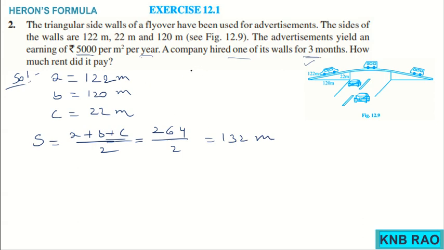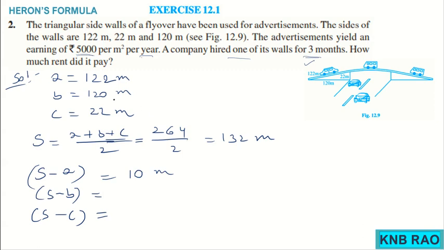Now, find the S minus A, S minus B and S minus C. 132 minus 122 gives 10 meter, 132 minus 120 gives 12 meter, 132 minus 22 gives 110 meter.